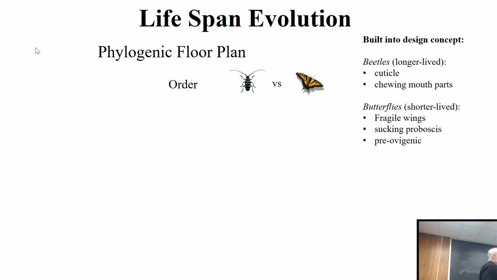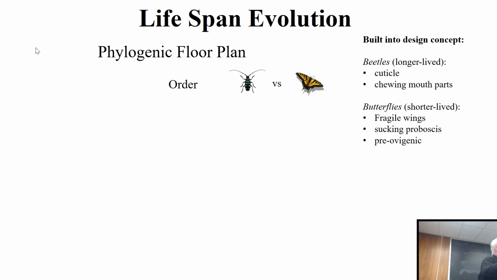So in this case, beetles are the turtles of the insect world. They're built to be long-lived so that as pre-adults, larvae, they use most of the resources to produce cuticles, so they have their shells or whatever. And then when they emerge as adults, or close to adults, they have to go find food. So they have chewing mouth parts.